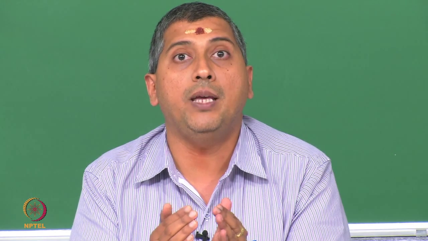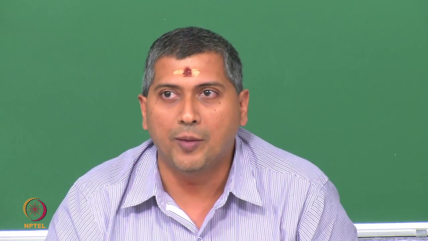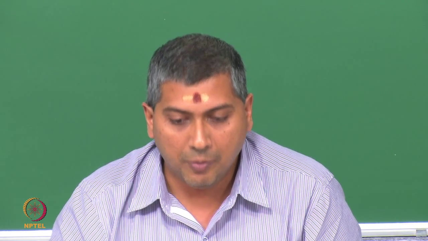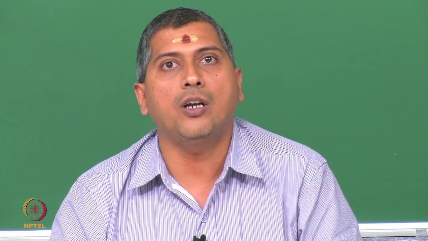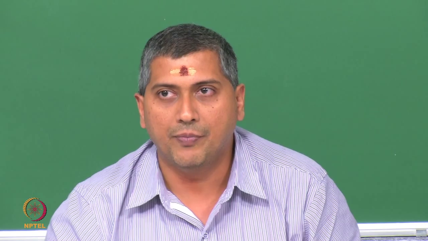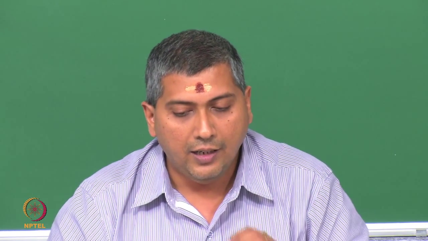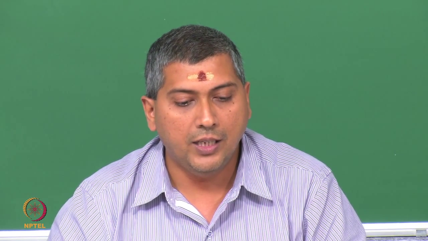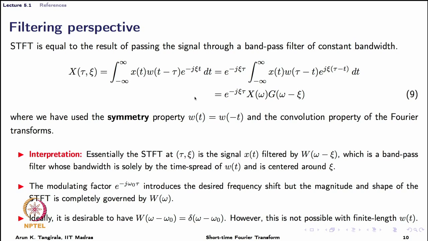This x of omega is being multiplied by g of omega minus z, by this function which is not unity in the vicinity of z. It will have its own shape, and that is the problem that I have with the short time Fourier transform, but it is also a nice thing, it tells me that the short time Fourier transform acts as a filter. So, let me just illustrate this to you on the board.